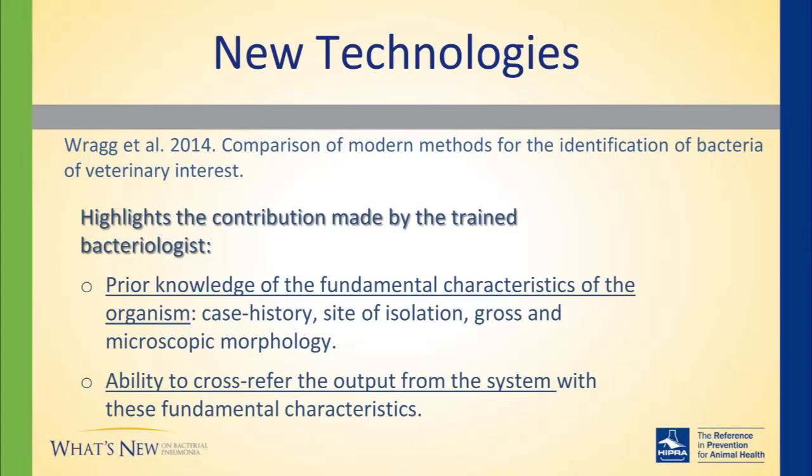But the most interesting conclusion from this paper is that it highlighted the contribution made by people in the lab. I was very happy when I read this conclusion, because we should know the basics and the fundamental behavior of the bacteria in the lab. And we should know if it's gram-negative or gram-positive, or more or less the family the bacteria belongs to.